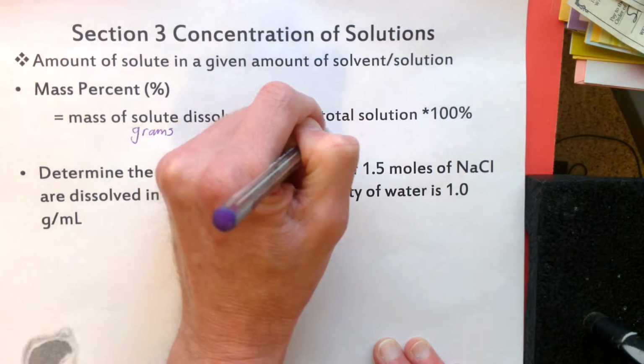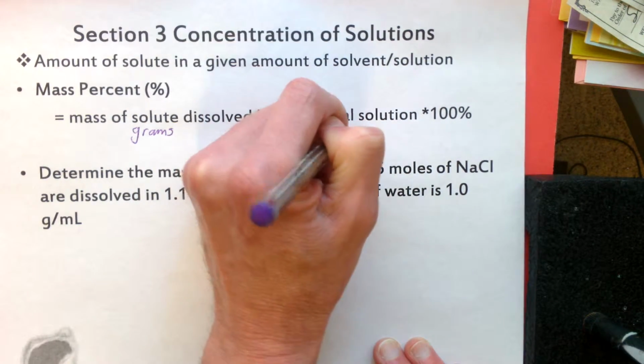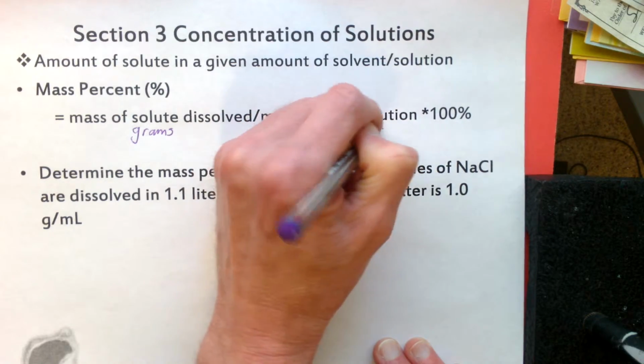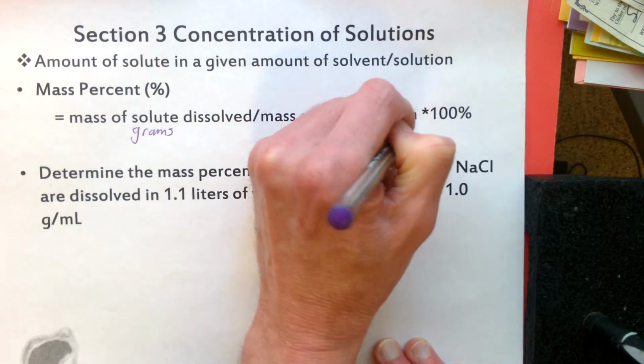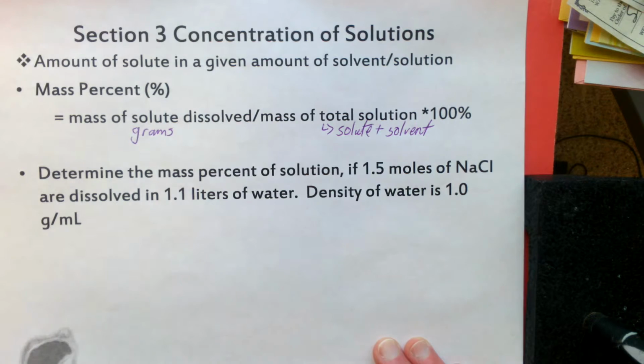The mass of the total solution is the mass of the solute plus the mass of the solvent, those two together. So mass of solute divided by the mass of the total solution, and then we multiply by 100% so that we have the percentage marker.